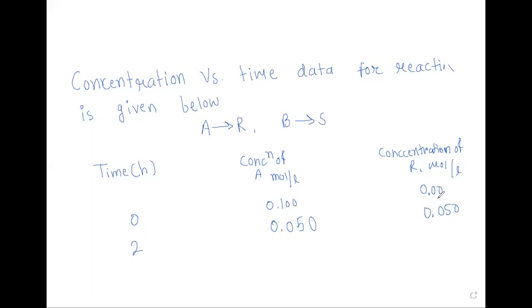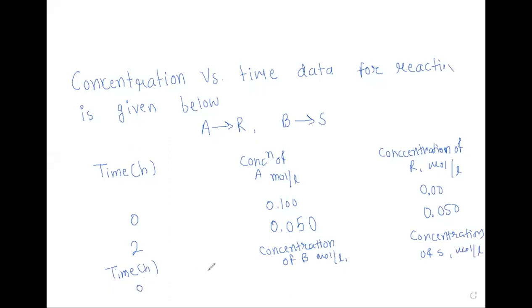This is for one reaction, A gives R. For the other reaction, B gives S, we have time in hours, concentration of B in mole per liter, and concentration of S in mole per liter.